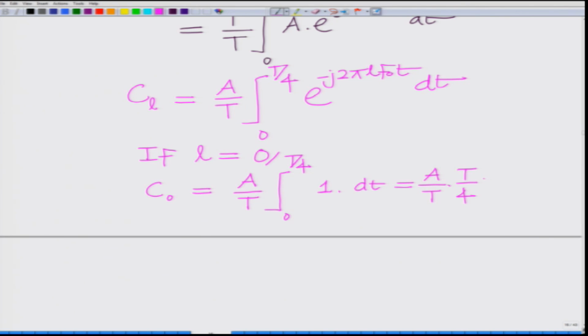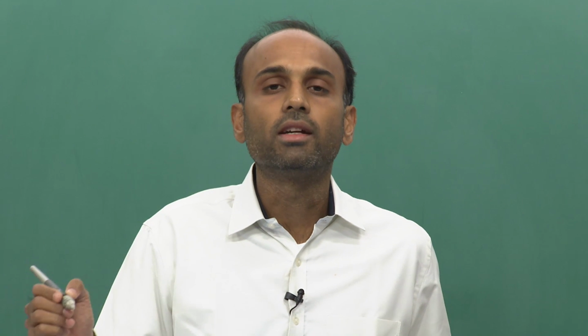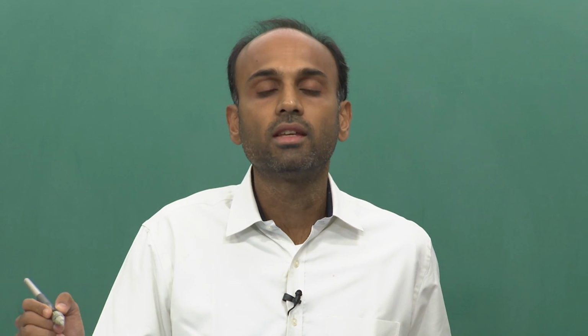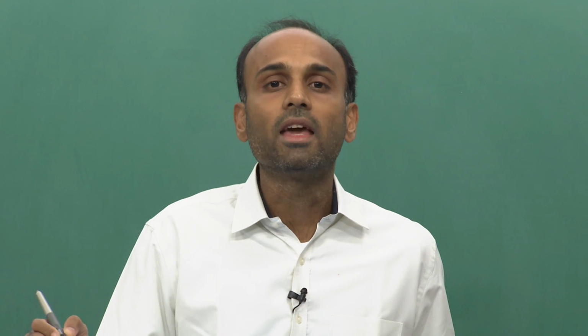Once you substitute the limits of integration, this is A over 4. So, this coefficient C naught corresponding to frequency 0, that is L equal to 0, is A over 4.